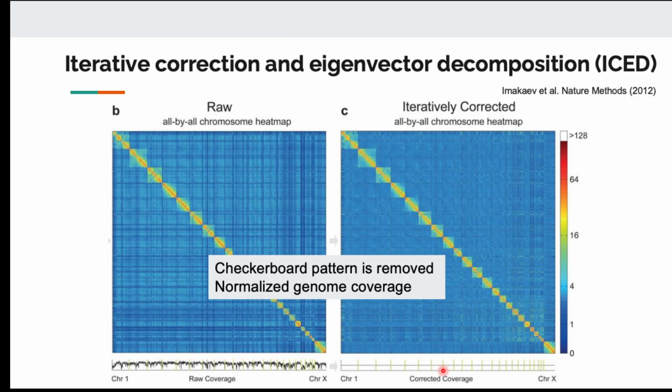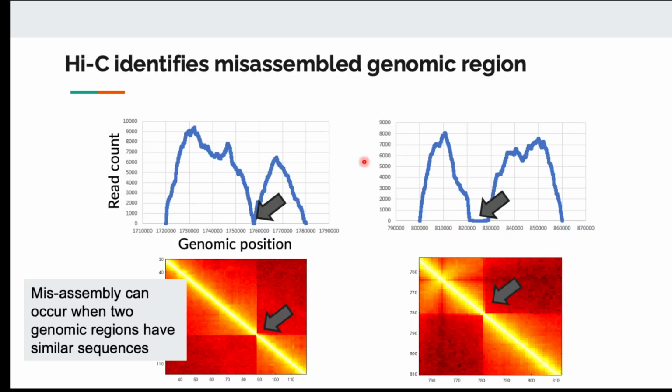Seeing the interaction and the structure of the DNA of the chromosome in this form also has other benefits. For example, if you are studying a new organism and you perform genome sequencing and you want to assemble the genome, sometimes you can make a mistake.